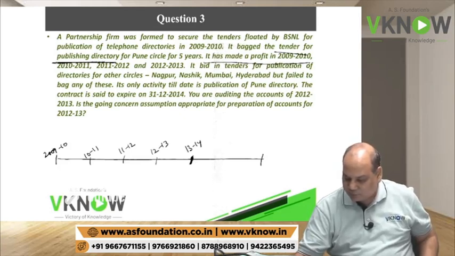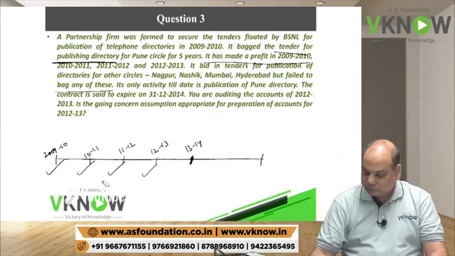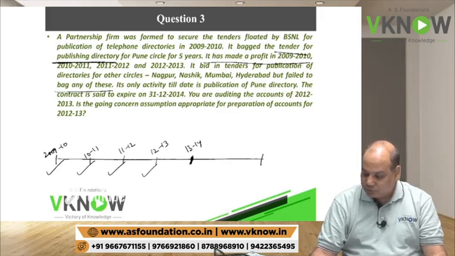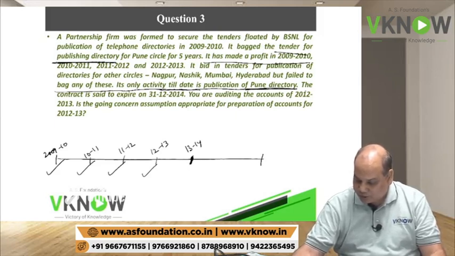It has made profit in 9-10, 10-11, 11-12 and 12-13. So it tried to get the same order from other cities, but it has not got it. Its only activity is the Pune directory.